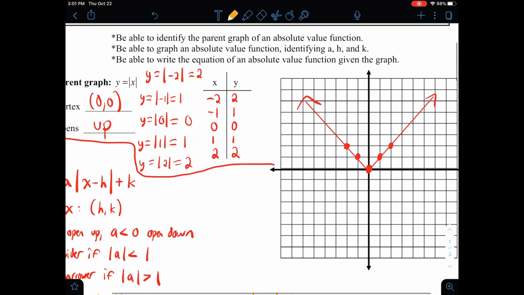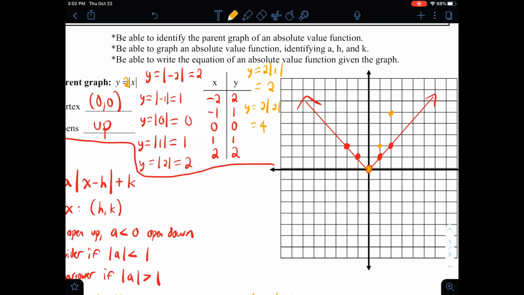Well, if you plug in the same values, say y equals 2 times the absolute value of x, let's take a look. Y equals 2 times the absolute value of 1. That's going to equal 2. Y equals 2 times the absolute value of 2. That's going to equal 4. So for the same graph, we're going to have 0, 0, then 1, 2, then 2, 4.